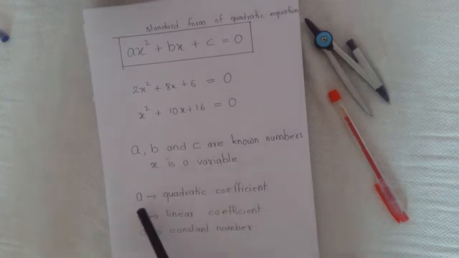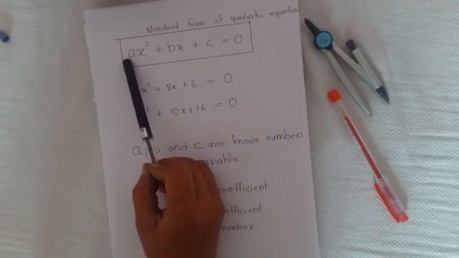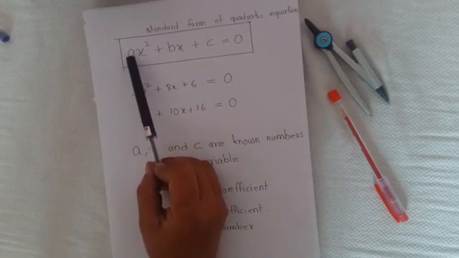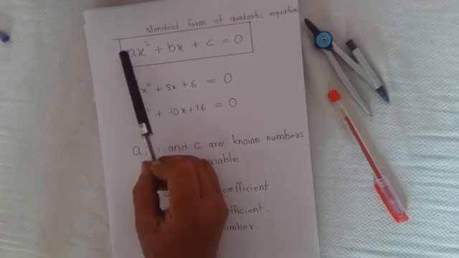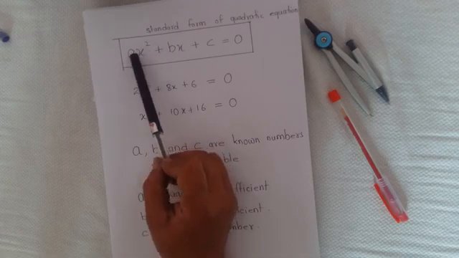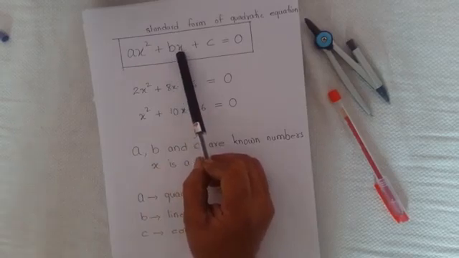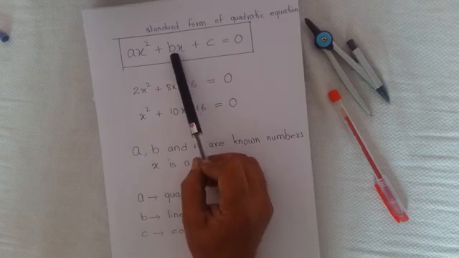Now let's see a. Here a is called the quadratic coefficient. That means the coefficient of the variable with power 2 is called the quadratic coefficient, and the coefficient of the variable x with power 1 is called the linear coefficient.